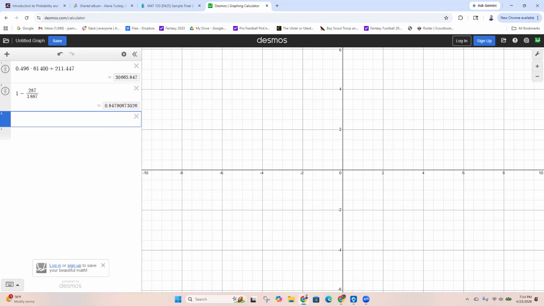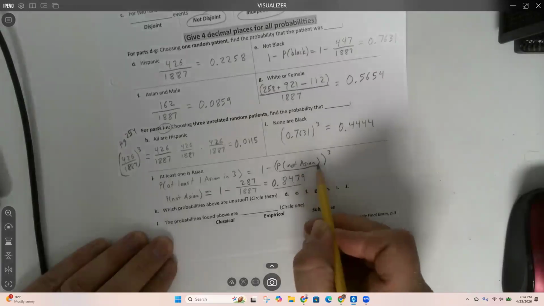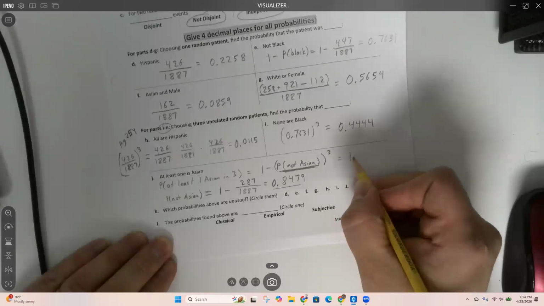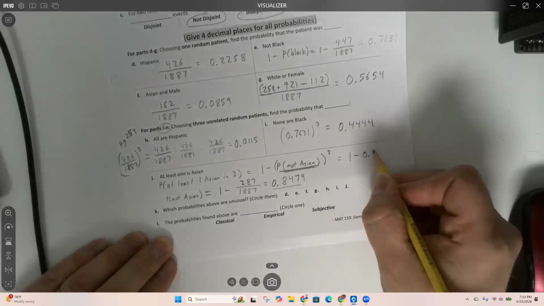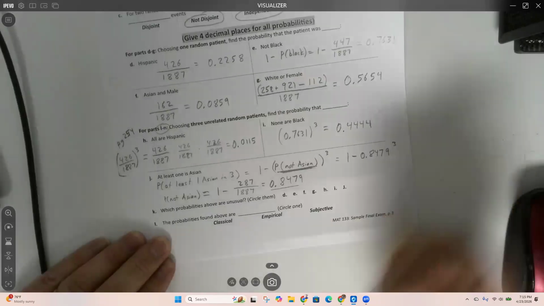0.8479. Okay, so that is not our answer. That is the probability of not Asian. We need to put that right here. So it's 1 minus 0.8479 cubed.